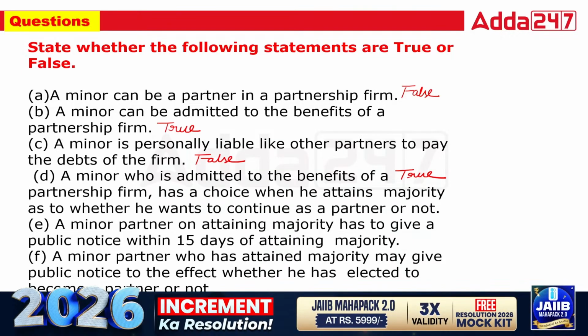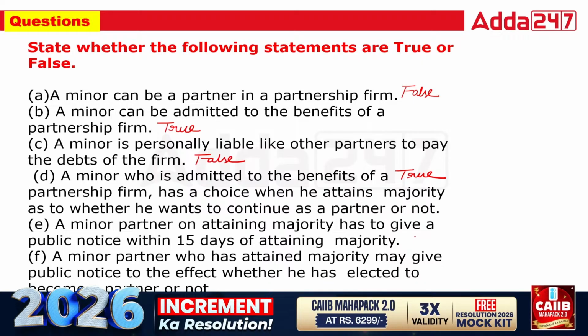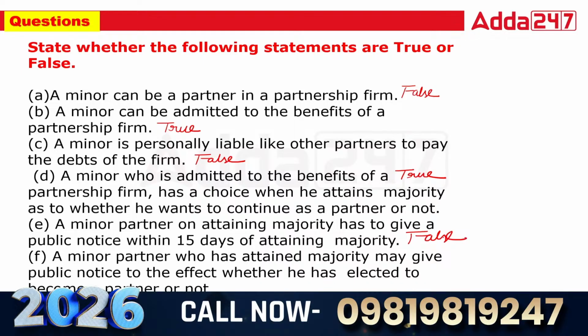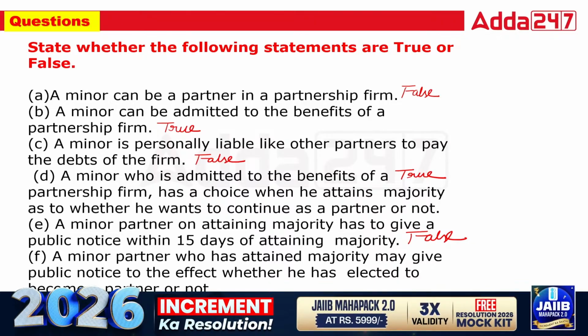A minor partner on attaining majority has to give public notice within 15 days of attaining majority. The answer is false. A minor partner who has attained majority may give public notice to the effect whether he elected to become a partner or not. That is true.